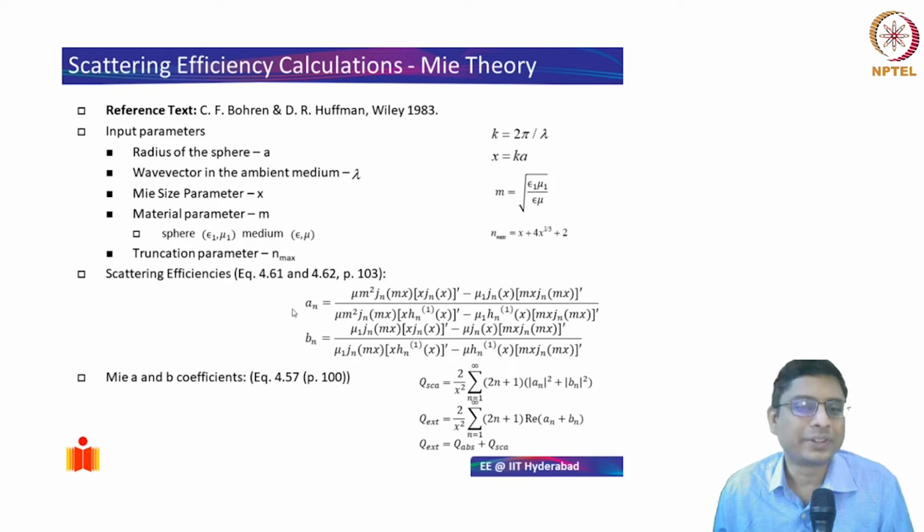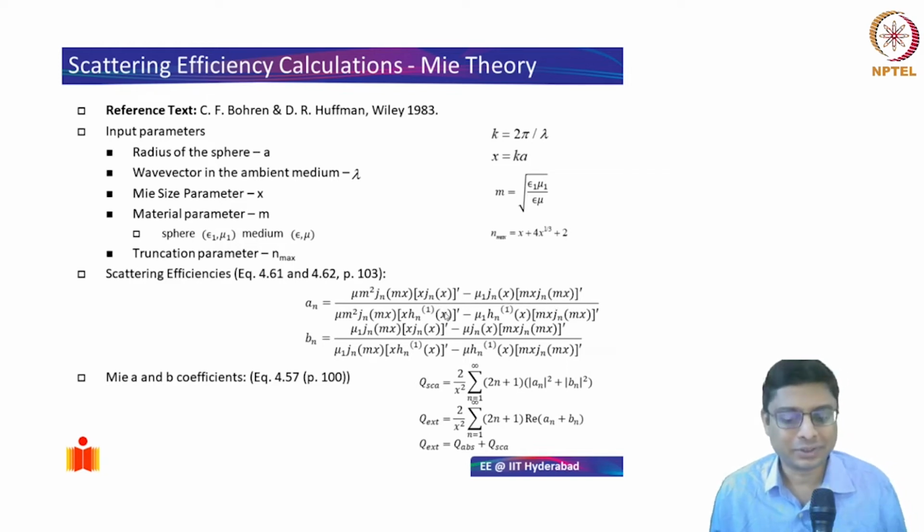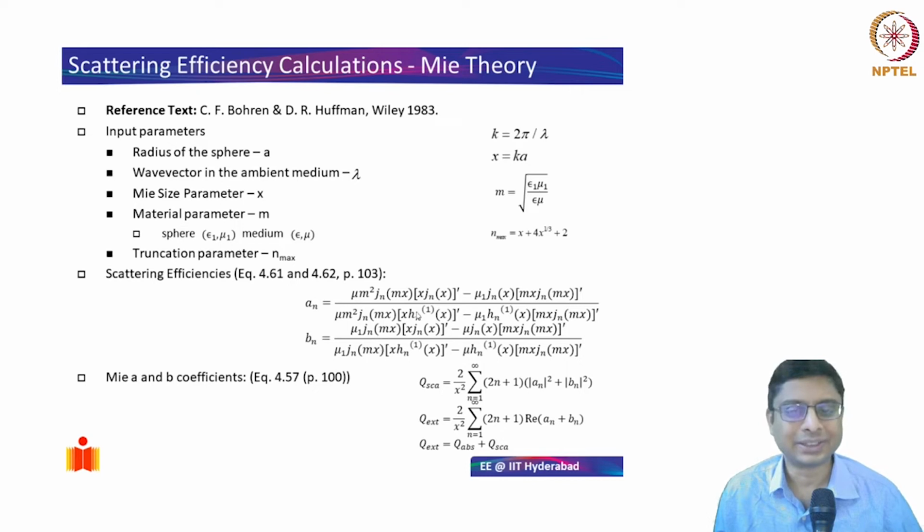Okay, A coefficients represent the electric moments, so be it electric dipole, electric quadrupole, octopole and so on, and the B coefficients represent the magnetic dipole, quadrupole, octopole and so on. So there are some expressions which are simple. I mean, these are not very complicated. You can implement them. At first sight, it might look like these are very tedious, but you will be able to implement them.